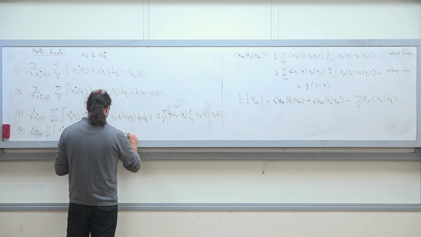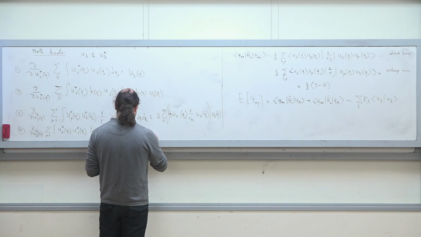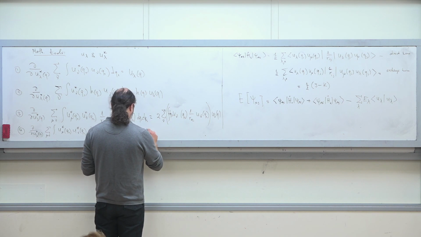The integral should be taken over q1 and q2. This will be equal to the sum over mu, twice.